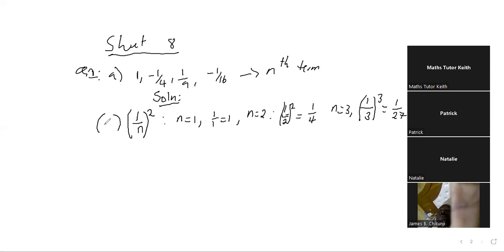So I bring the -1, and then I'll do n minus 1 as the power of -1. So if you check now, if I maintain the square for any, the first one we have 1.